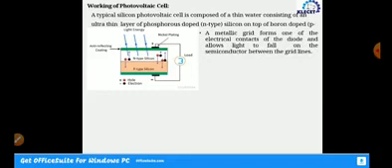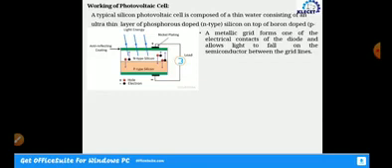Let me briefly tell you, when light radiations fall on a semiconductor diode, that is a p-n junction, there is a formation of electron and hole pairs, and these electron and hole pairs move in a specific direction. That means the electrons are collected and drifted at the end of the n-type semiconductor, and similarly the holes are collected and drifted at the end of the p-type semiconductor.